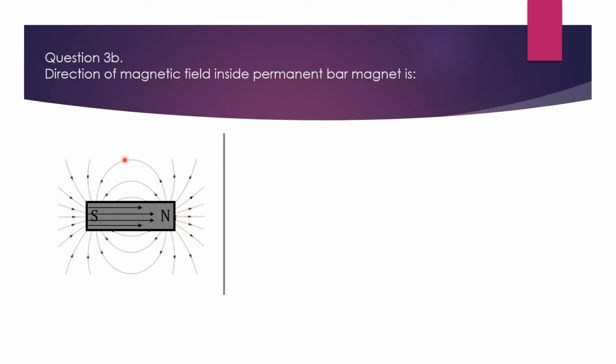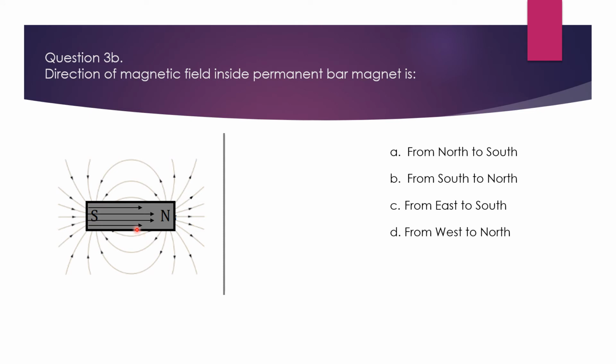But once it goes inside the bar magnet, the magnetic field always directs from south to north in order to maintain the line pattern. If there is any other pattern, this line pattern will not be maintained and it may not remain a magnet. So for this bar to remain as a magnet and to show the south and north pole inside the bar, it will be from south to north.